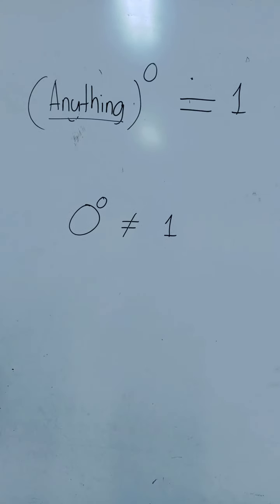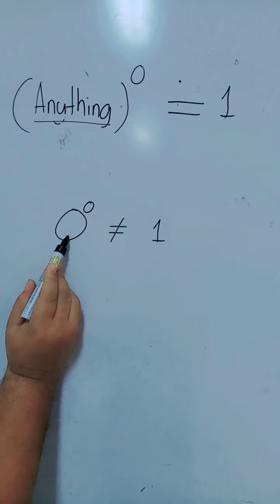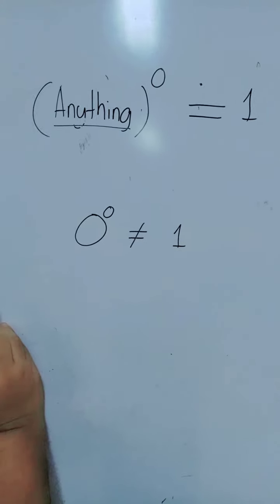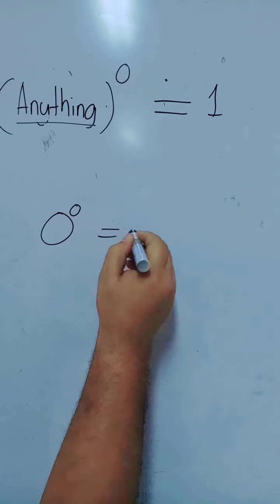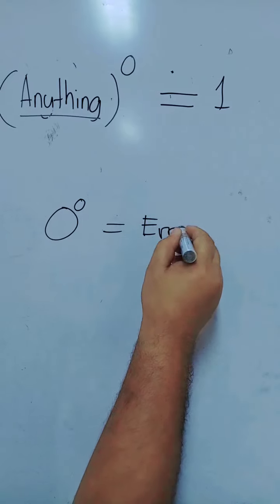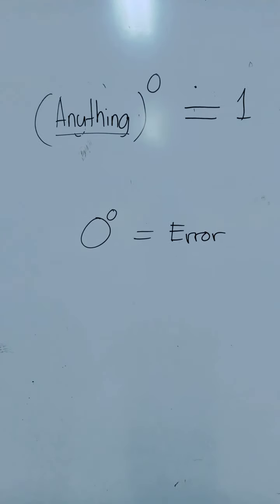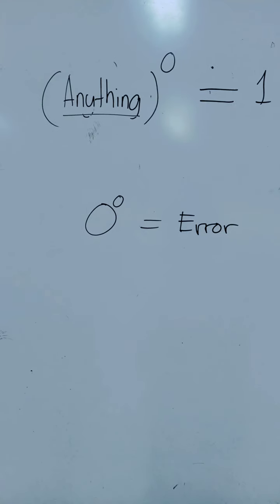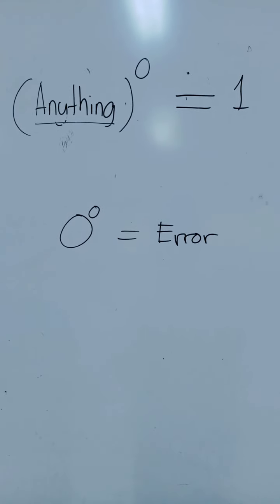That is why I disagree with this expression. Because when you try to raise 0 to the 0 power, that is an error, or a syntax error, or any mathematical error, or something that doesn't make sense.